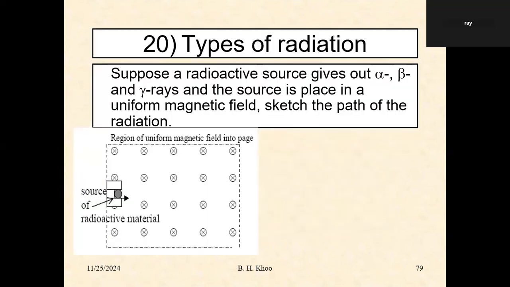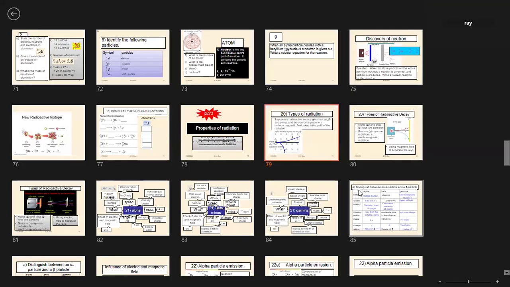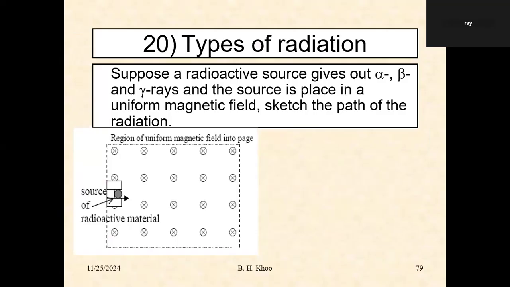Page 273. Suppose you have a radioactive source that produces alpha, beta and gamma, and we place it in a uniform magnetic field. Sketch the path.